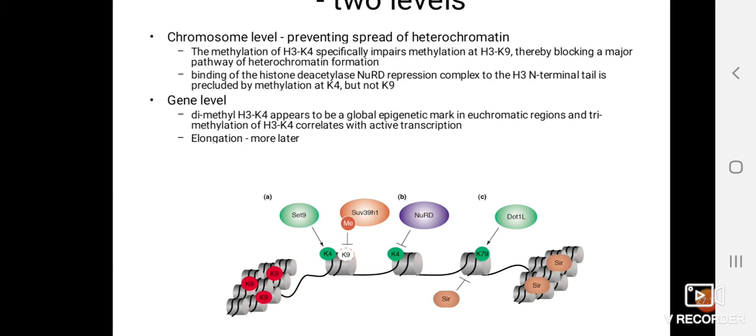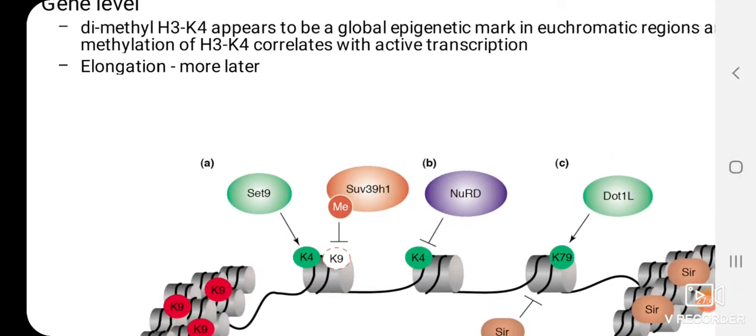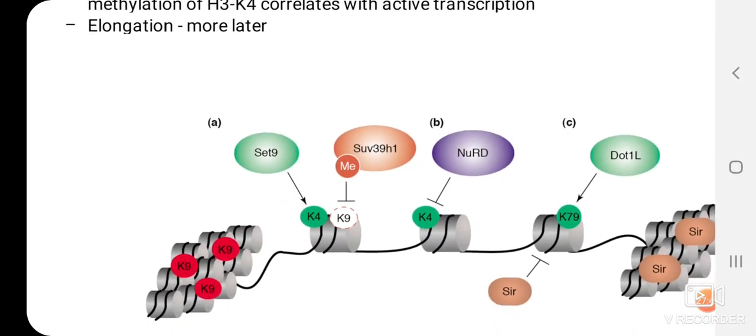At the gene level, dimethyl H3K4 appears to be a global epigenetic marker for euchromatin regions. Trimethylation is found to correlate more with active transcription and later elongation. You can see how NuRD blocks K4 methylation, induces K9 methylation, and converts into heterochromatin.